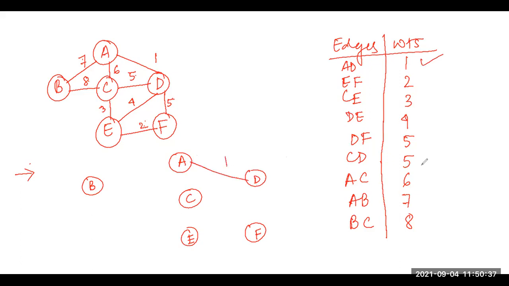Next edge which I will include? EF, since it's 2. Next edge? CE. Next edge? DE. Next edge which I will include?